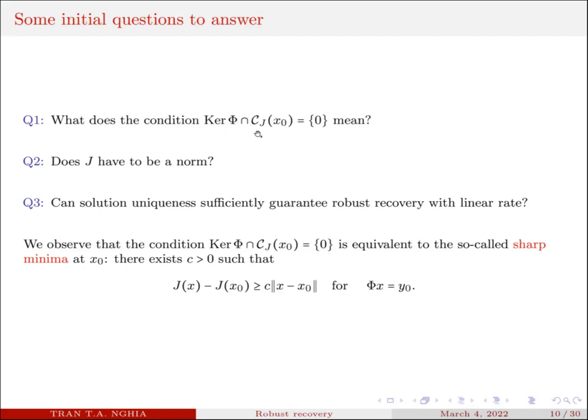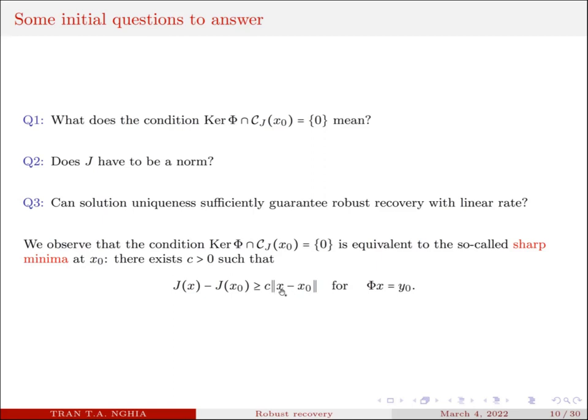They always say this is sufficient for solution uniqueness, but basically it means exactly sharp minima. And what is sharp minima? You can see the definition right here is very simple. Jx minus Jx naught is bigger than or equal to some constant C times norm of x minus x naught. This is some kind of error bound, right?